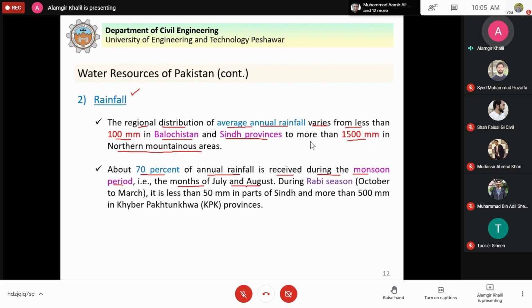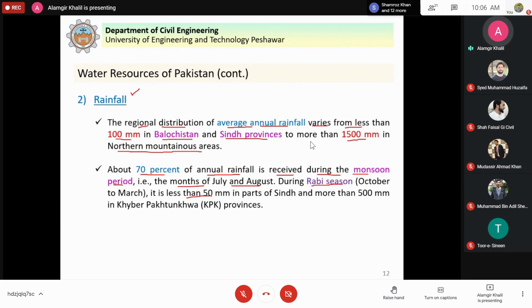You can see that in Pakistan, 70% of the annual rainfall is received during the monsoon period. So in Pakistan, we have two seasons. One is known as the Rabi season, and accordingly, we have the Rabi crops. This Rabi season is from October to March.